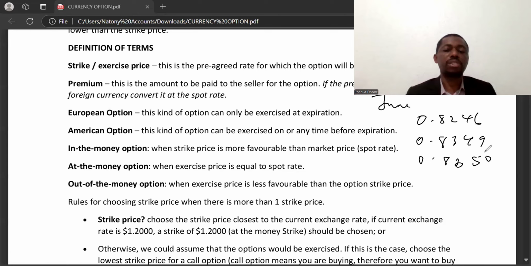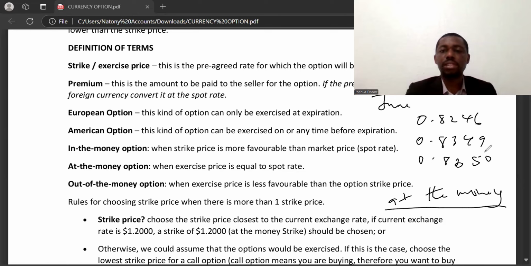Let's assume that you have this number of strike prices and you want to buy. So if you are buying, there are 3 rules now. The first rule, let me just make this simple for you: choose at the money strike price.